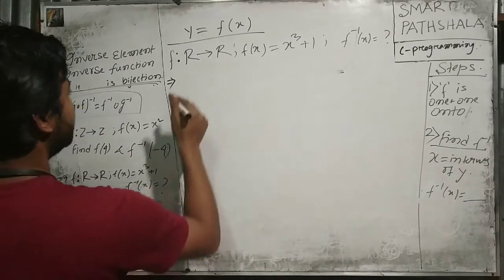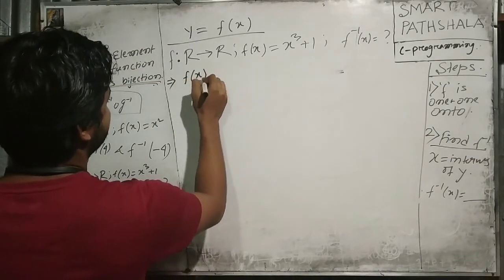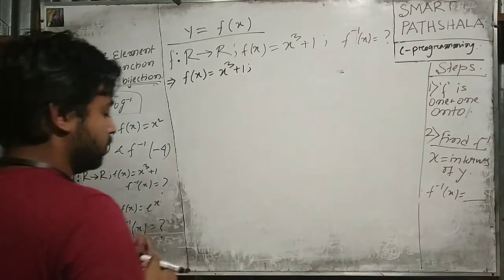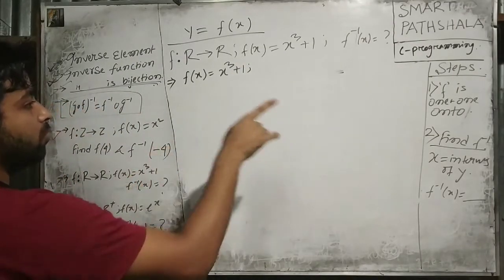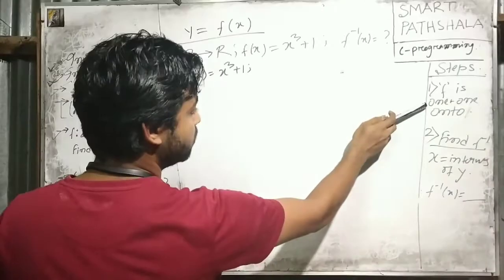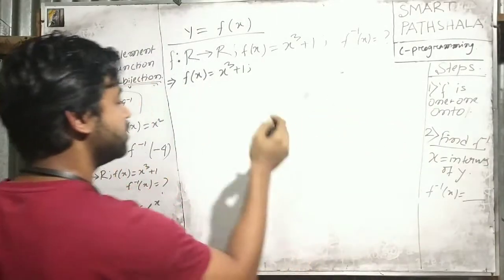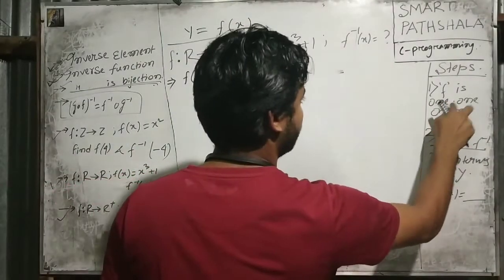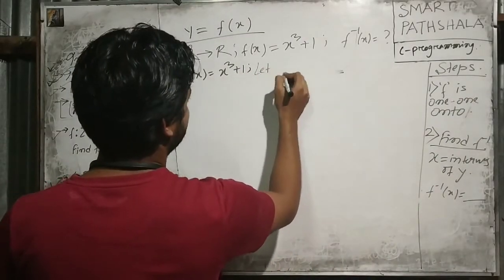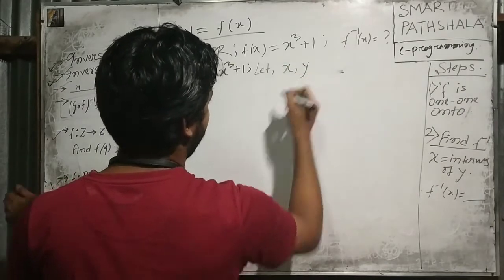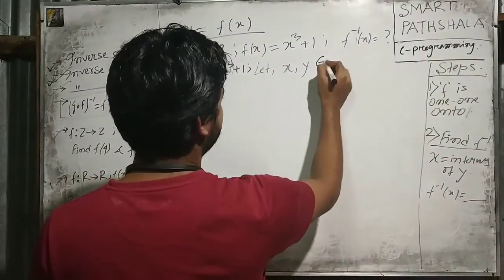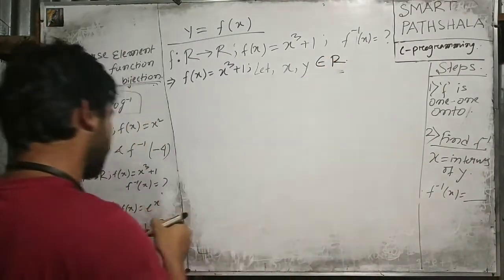Here we have been given f of x is equal to x cubed plus 1, right? Now the first step is to prove that this function f of x is a 1-1 function, right? Here, look at this direction. We have to prove that this function is a 1-1 function. Now, to prove that this function is 1-1, let x, y be two elements that belong to R. Now which R is this?